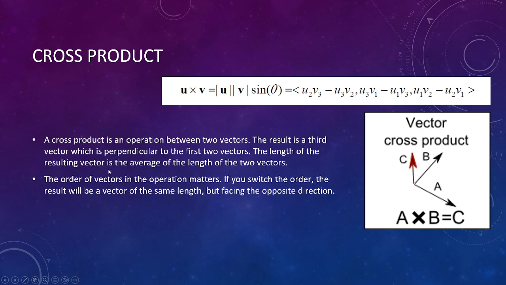The length of the resulting vector is the average of the length of the two vectors. So very important yung order ng vectors nito. It depends on which one is which. Kasi if you switch the order, we get the same length but opposite yung direction nila. Okay?